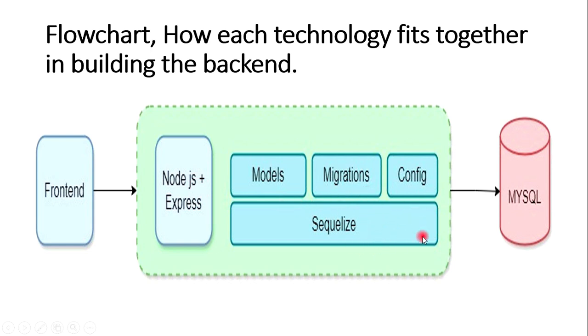From there, Sequelize interacts with MySQL to either fetch or store the data depending on the request. It either retrieves the data from the database and sends it back to the user or frontend, or it stores new data into the DB and sends back an acknowledgement.